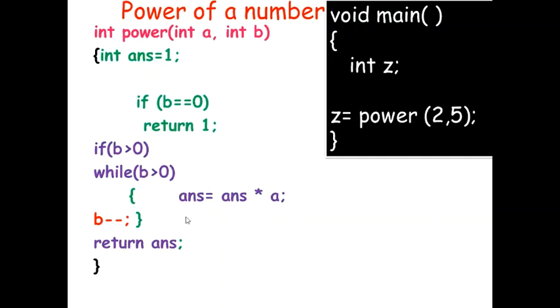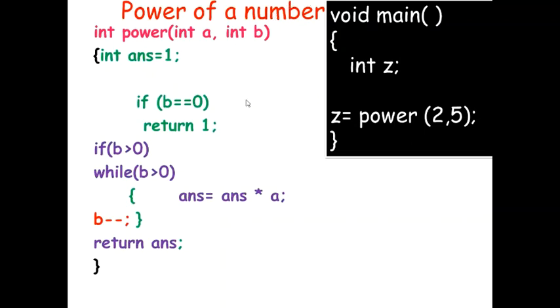Now since I have brought another variable into existence, I will have to go over here and put in a local variable declaration. The local variable declaration is ans, and I am making sure I set it to 1 in the beginning, because the base answer is always 1, that is 2 raised to 0 is 1.